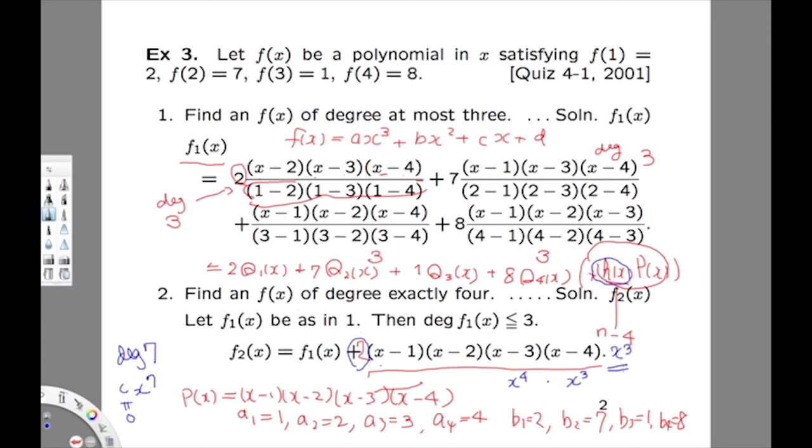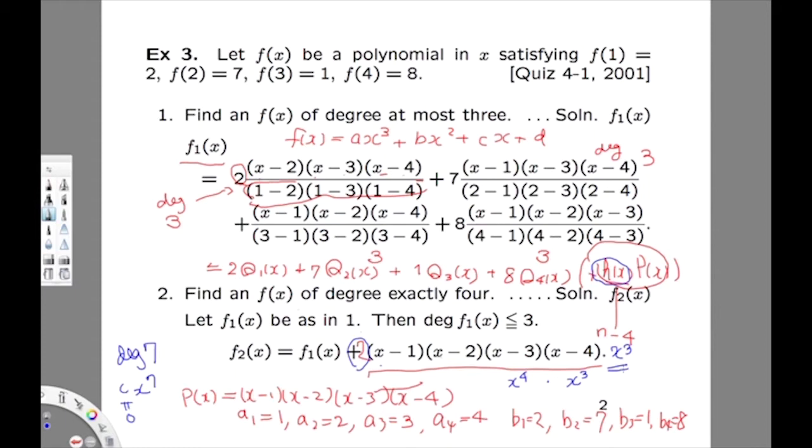If you multiply x cubed here, since it's a product, if you plug in 1, 2, 3, and 4, this part may change, but it doesn't affect anything, because the former part gives 0 when you plug in 1, 2, 3, 4. So by this, you can get a polynomial of degree exactly equal to 7. In that way, you can find infinitely many solutions.